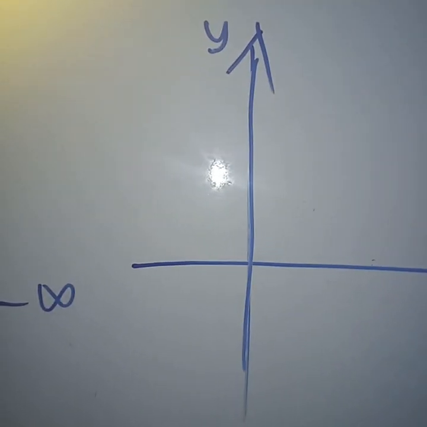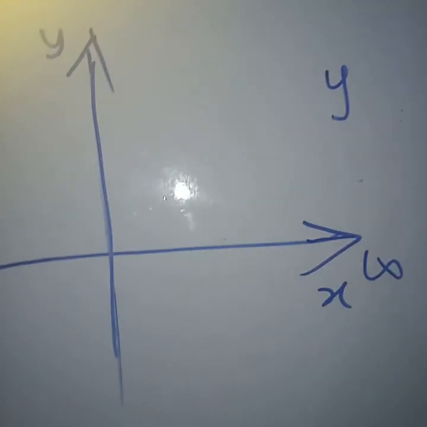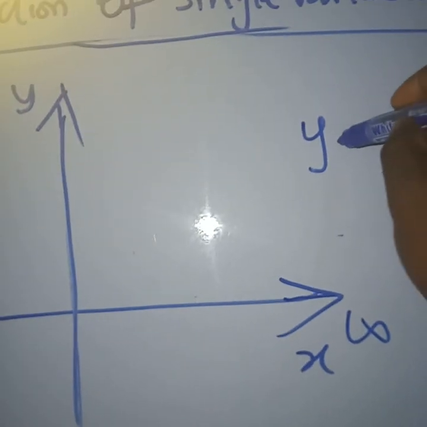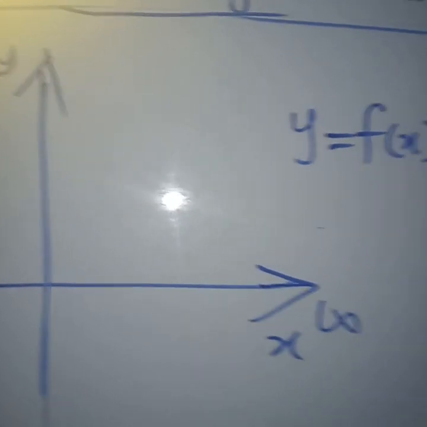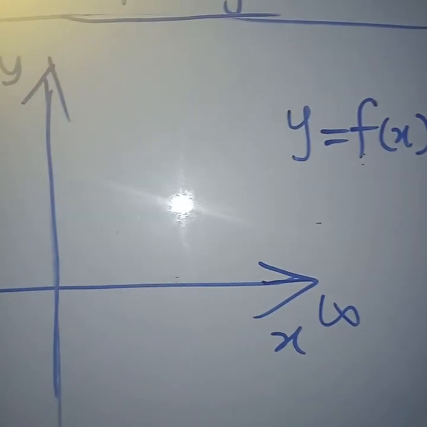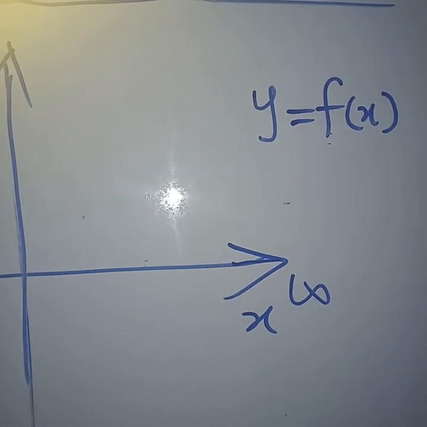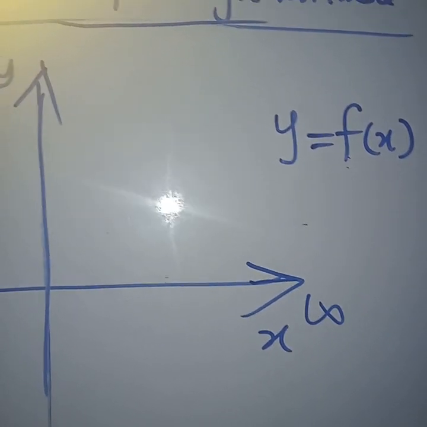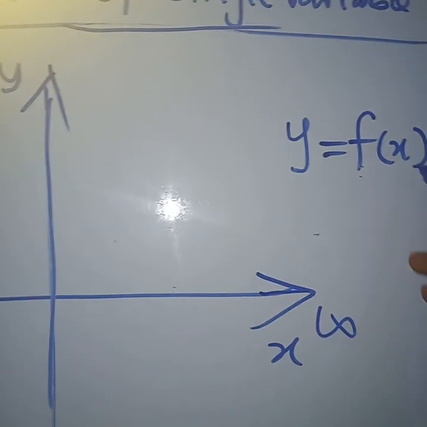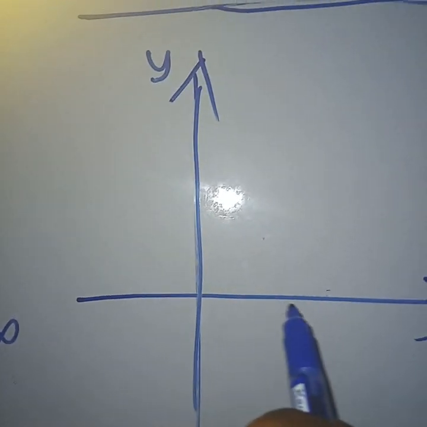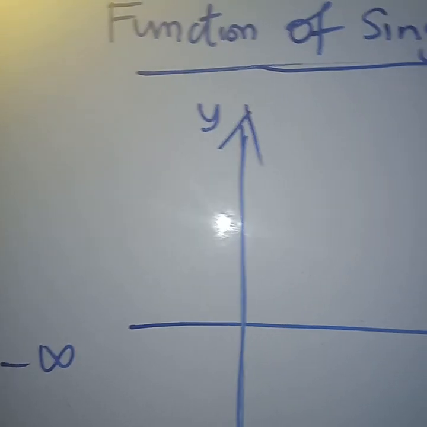So this graph is represented by an equation y equal to f of x, and what this equation means literally is that we say y is a function if for any value of x on this number line there corresponds a unique y.